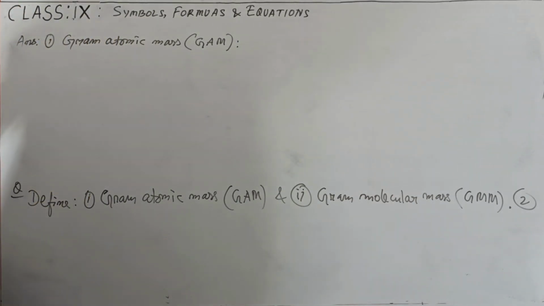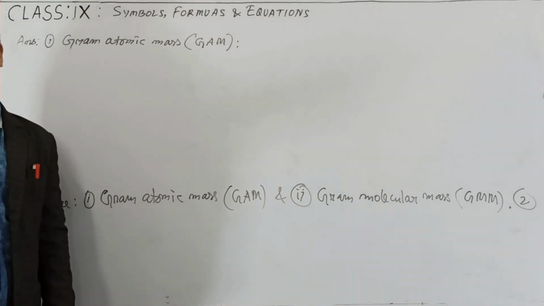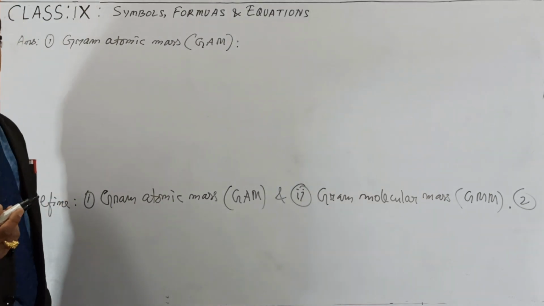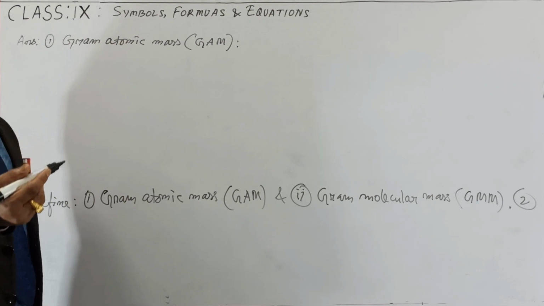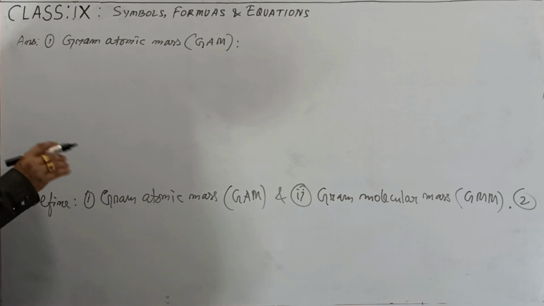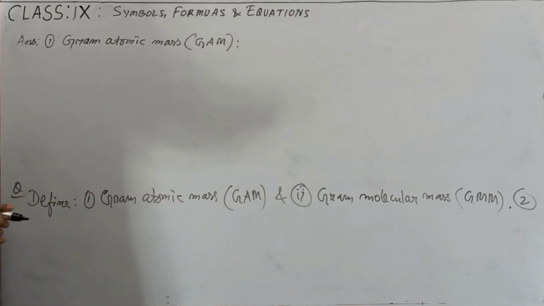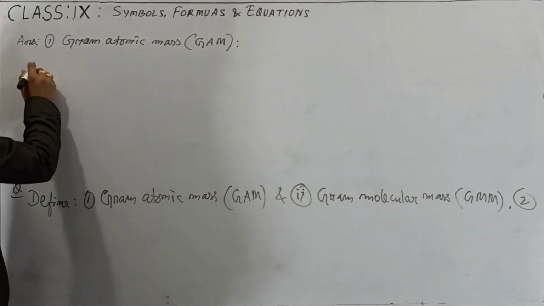Atomic mass can be expressed in terms of atomic mass unit, that is, in unified mass. That we already learned. And if you express atomic mass in terms of grams, numerically the same as that of the unified mass, we only have to change the unit. Atomic mass to gram, we have to change it. So the atomic mass that is expressed in grams is called the gram atomic mass of the atom. Only one sentence.